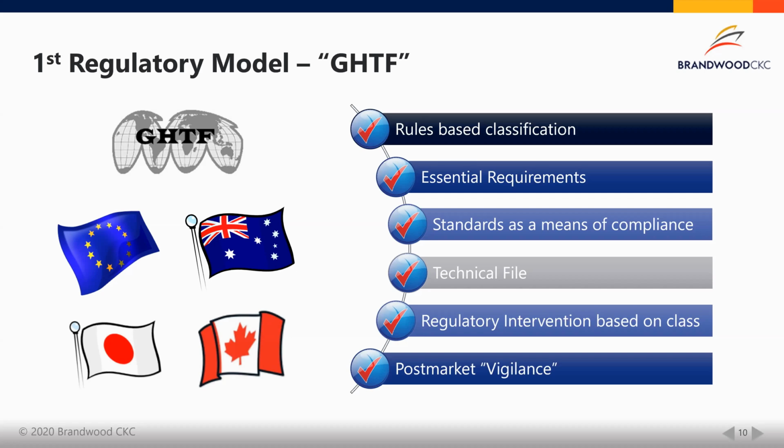This is also known as the essential principles in Australia. I'll go into more detail about them later, but this is a very fundamental part of this model. There's a tech file involved, which I'll also go into, and post-market vigilance, which is the recalls and complaints side of things.